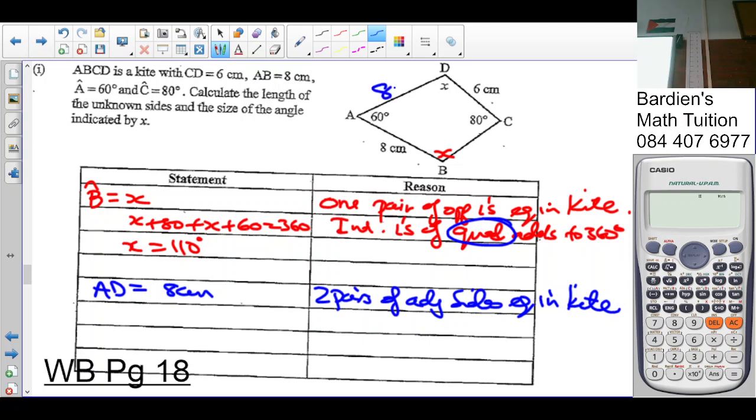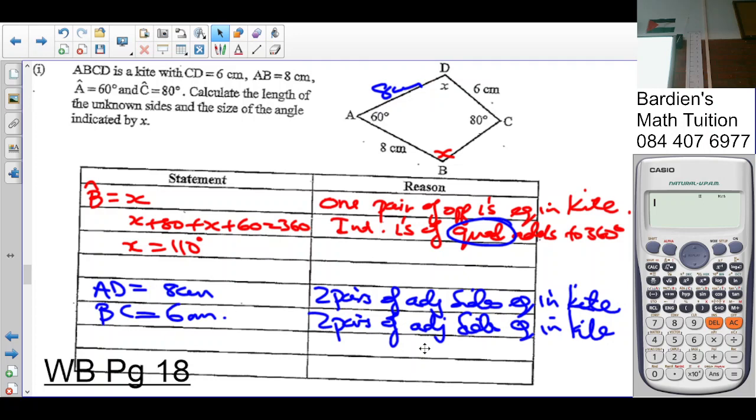BC is going to be 6 centimeters. Why? Two pairs of adjacent sides equal in a kite. Any confusion? You all understand? Right.